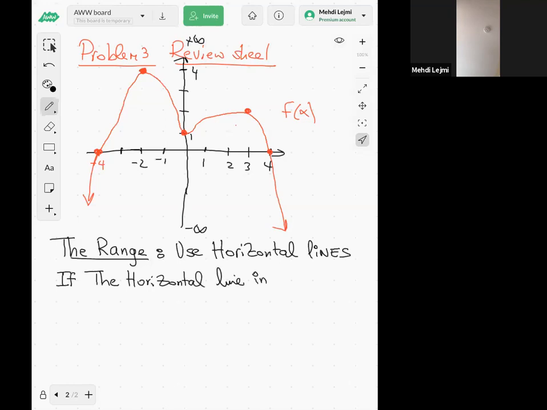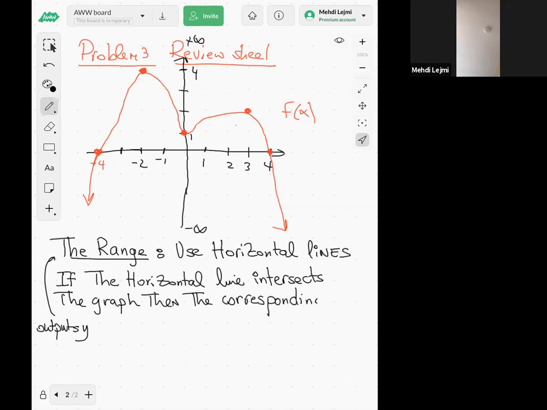So it's a range, right? It's about the outputs y. So then the corresponding y is in the range.